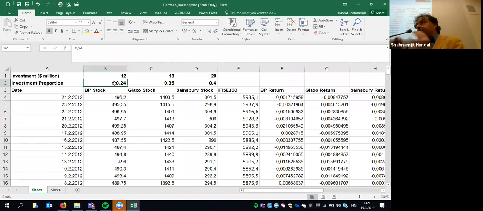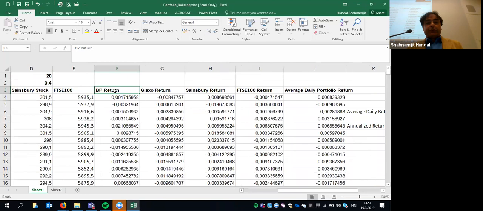And based on these different parameters, you decide to invest 24%, 36%, and 40% on BP, GlaxoSmithKline, and Sainsbury, respectively. And then you have the market index value. But as I said, the price and value itself do not show if you have made success or not. We need to go deeper and convert the prices to returns. And that's what we did here, and for the index.